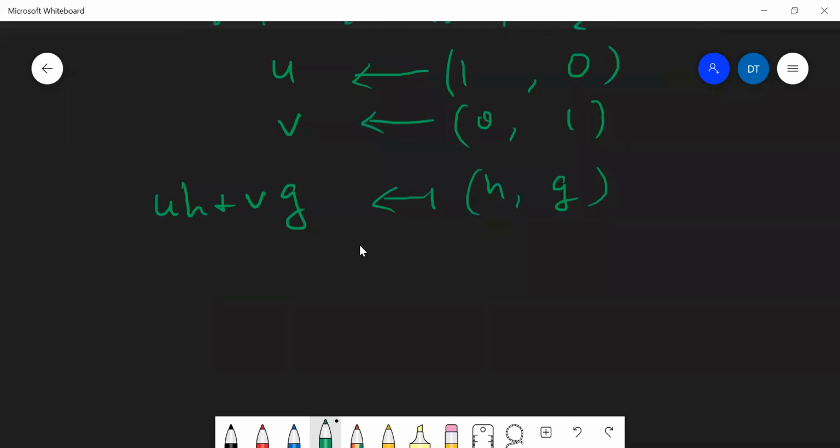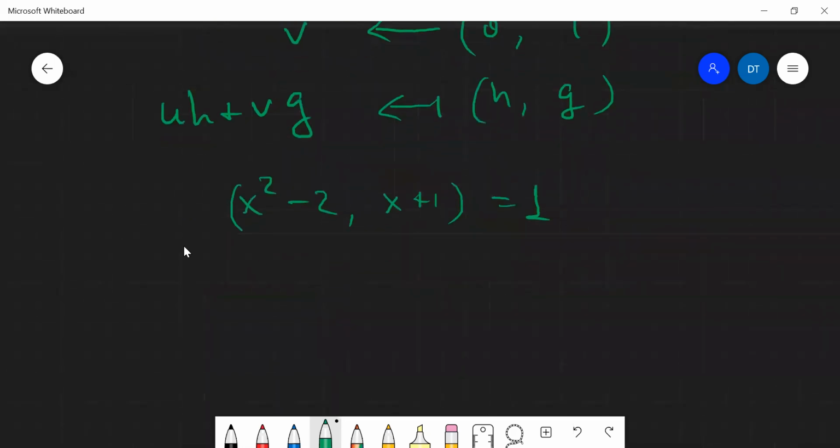Well, in this case, we represent the greatest common divisor of x squared minus 2 and x plus 1, they're co-prime, as a linear combination. So we say 1 equals, let's say, a times x plus 1 plus b times x squared minus 2.